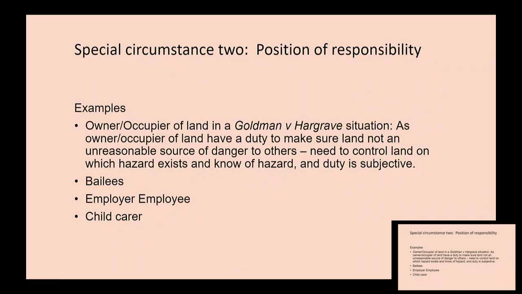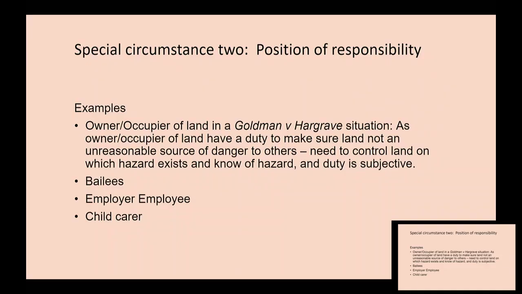Liability in negligence is usually based on a failure to reach an objective standard of care, but under the Goldman standard, it is subjective. What is reasonable for this occupier to have done, given their ability and their means? And sometimes it'll be enough to discharge the duty to invite the neighbour onto your land to say, hey, there's a fire roaring, feel free to come and put it out.